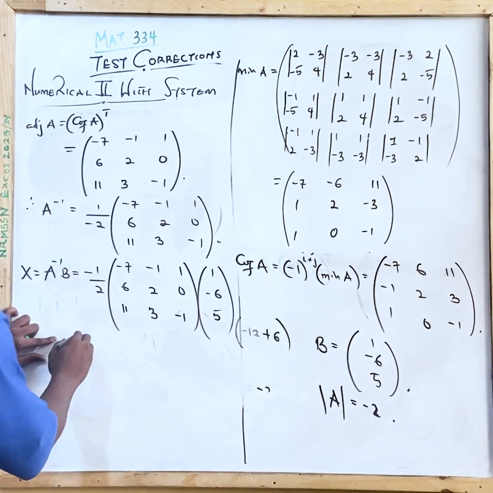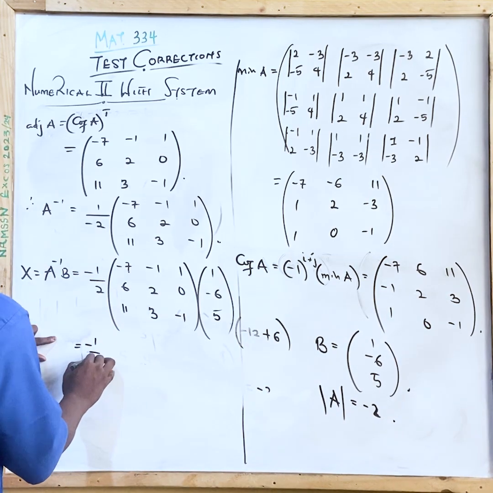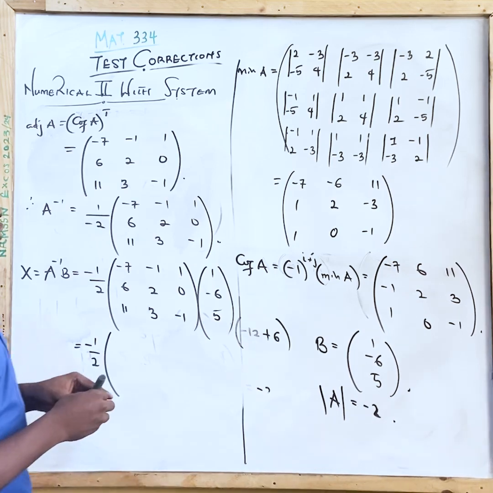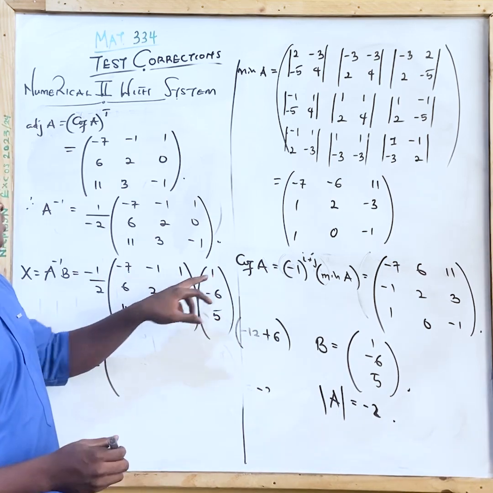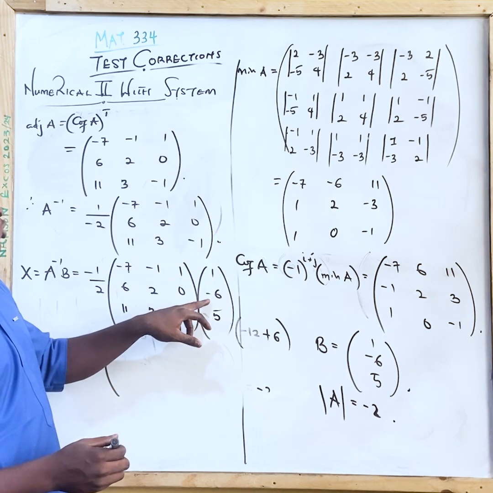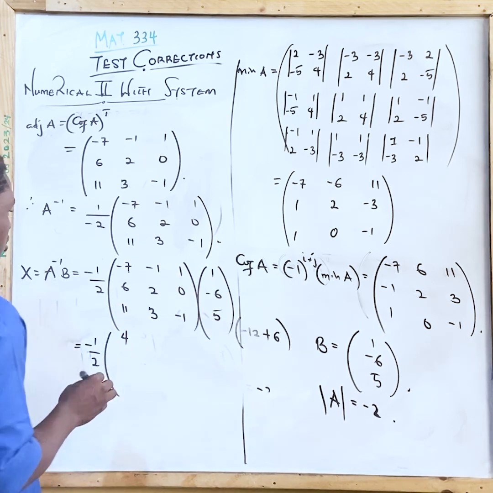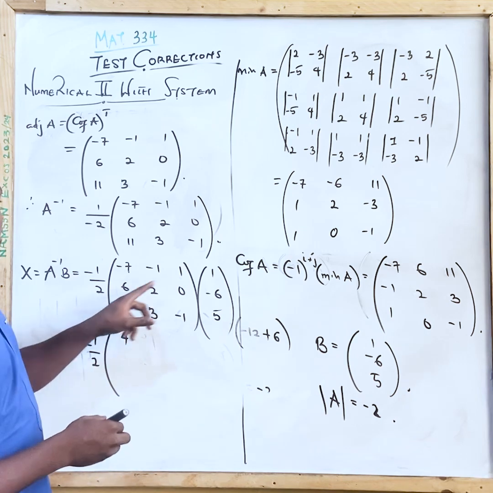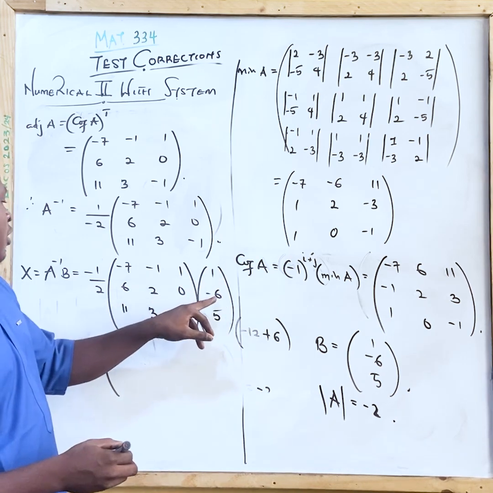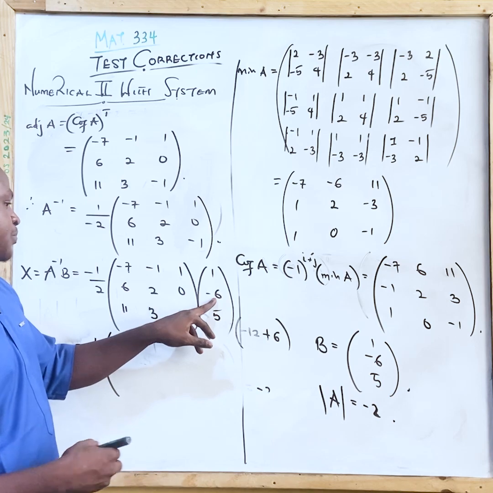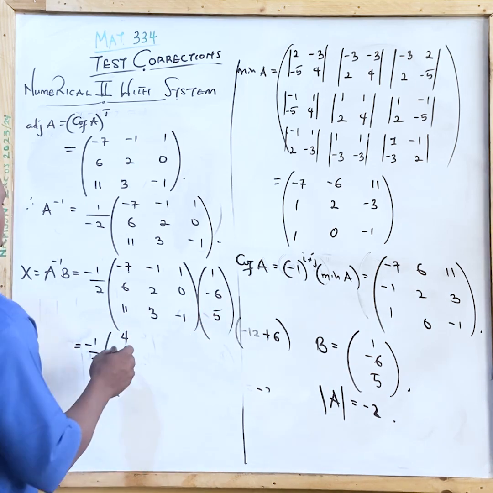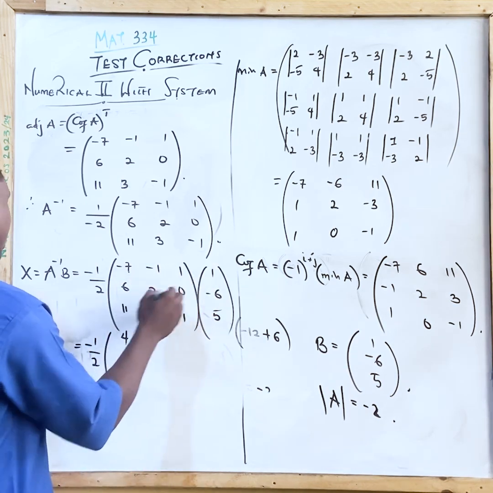So we get minus 1 over 2 into: minus 7 plus 6, that's minus 1, plus 5, that's 4. I have 6 minus 12, that's minus 6, plus 0, so that's minus 6.